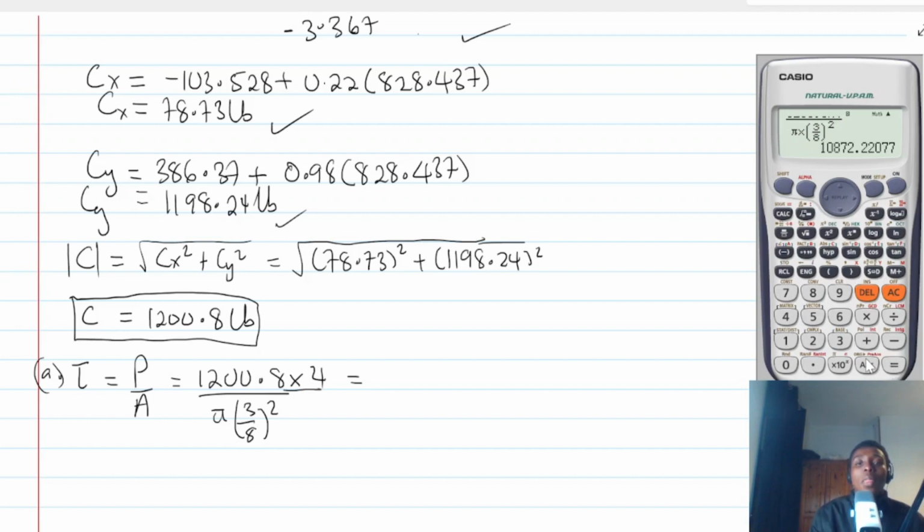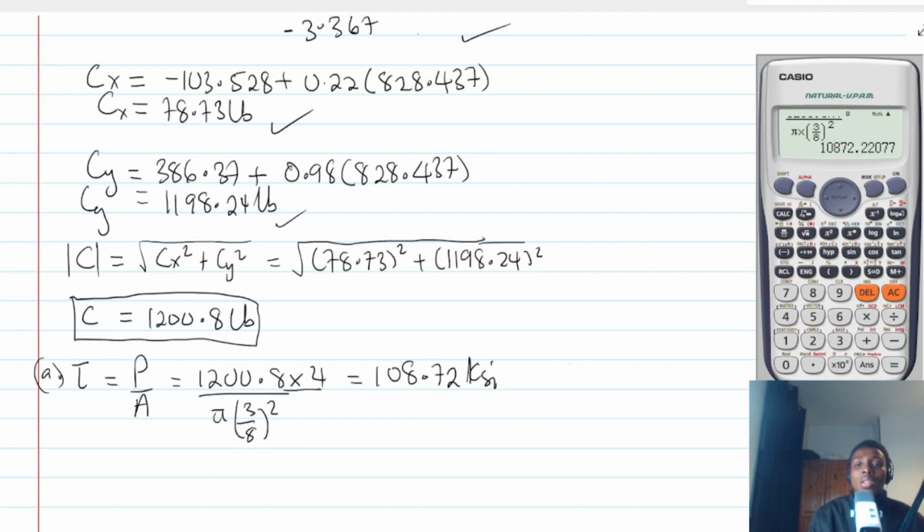So that is the shear stress I'm getting. 108.72. So maybe we can say that this is actually 108.72 KSI.